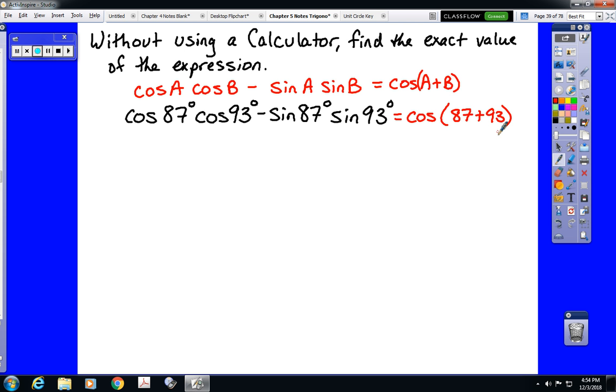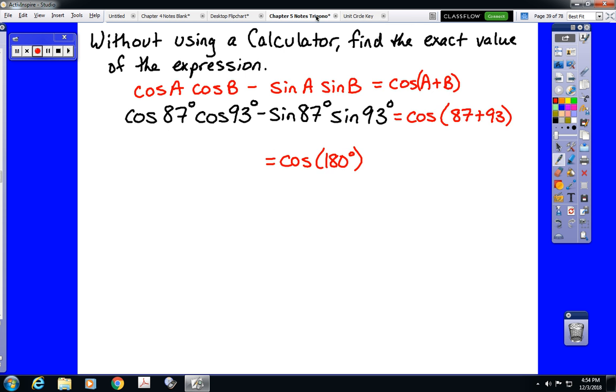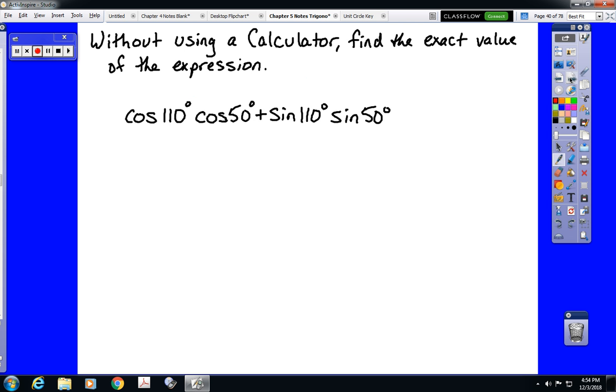Well, 87 plus 93 is 180 degrees. And guess what? That value is right on our unit circle. The cosine of 180 degrees is negative 1. Done. Moving on.